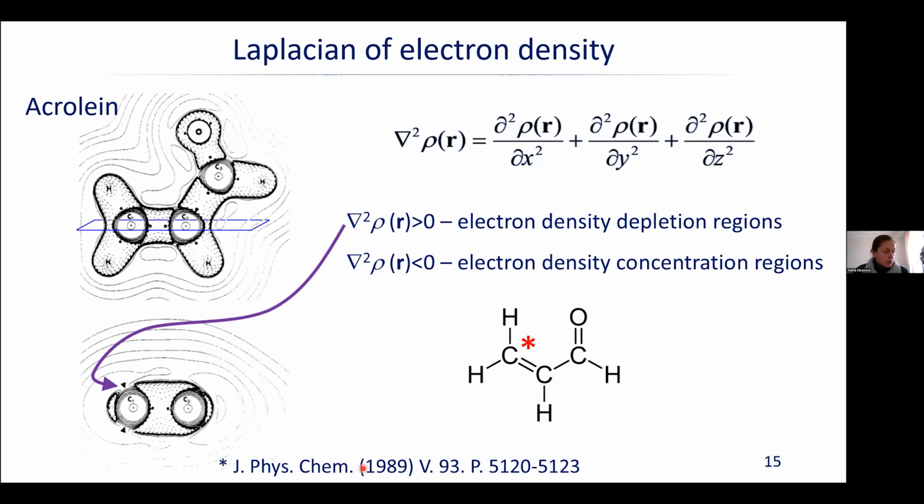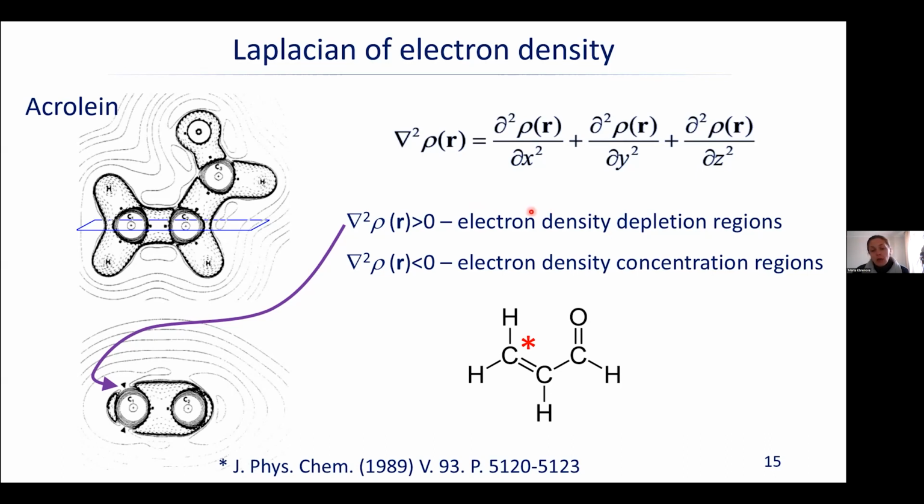It was in the late 80s, and the Laplacian of electron density is an electron density descriptor that is calculated as the sum of the second derivatives of electron density over spatial coordinates, and it allowed to discriminate electron density depletion and concentration areas.